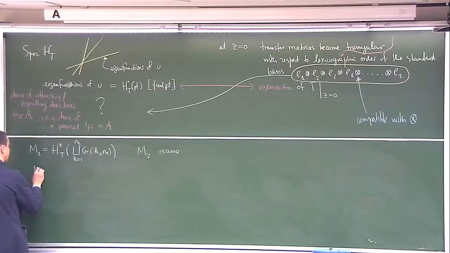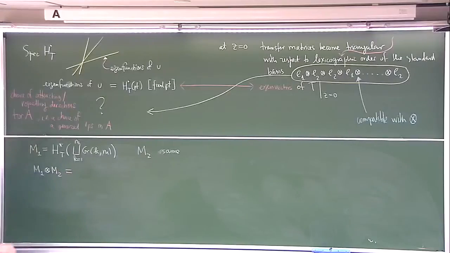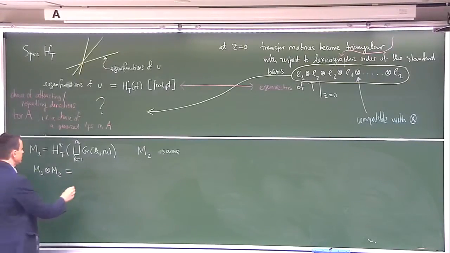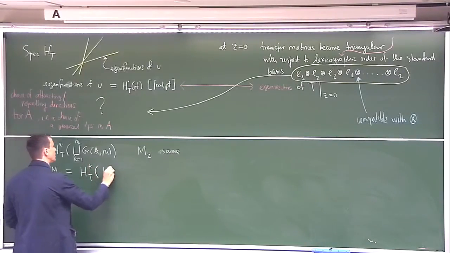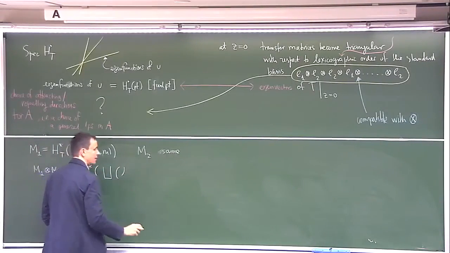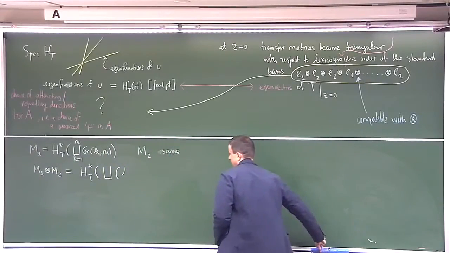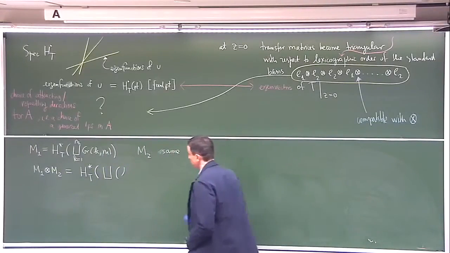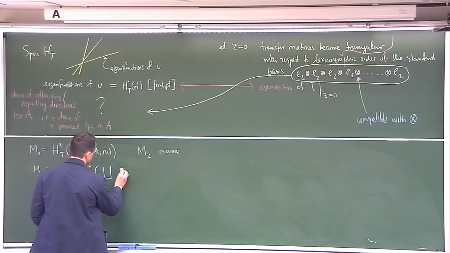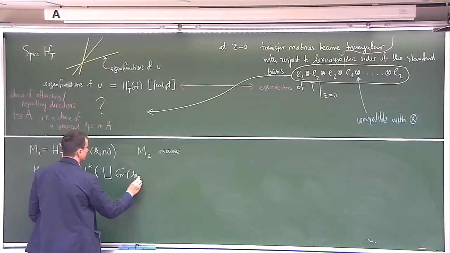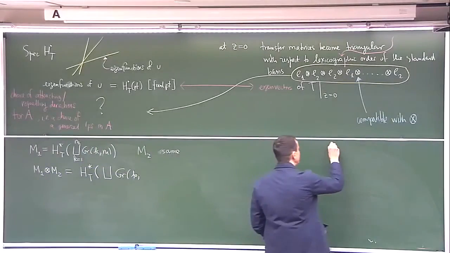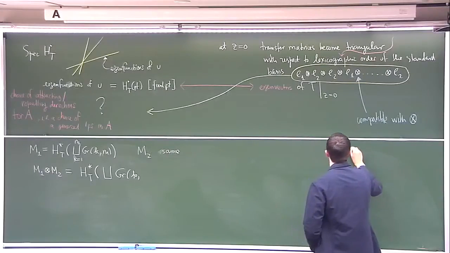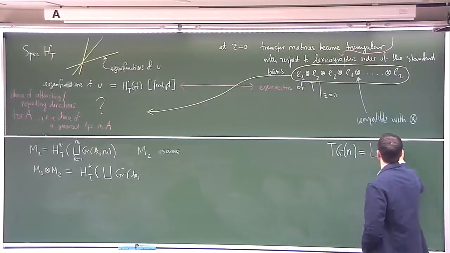Then if I take M1, M2, then by Kunin, this is the cohomology of a fixed locus inside, so maybe sorry, forgetting T star. Maybe how about I have an abbreviation TG, and this is the union of T star Kn.